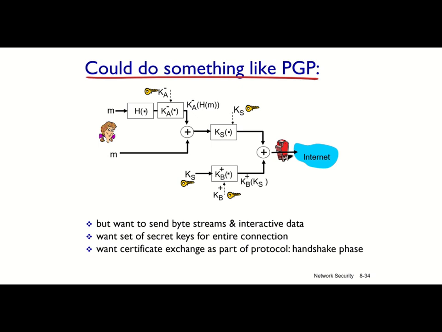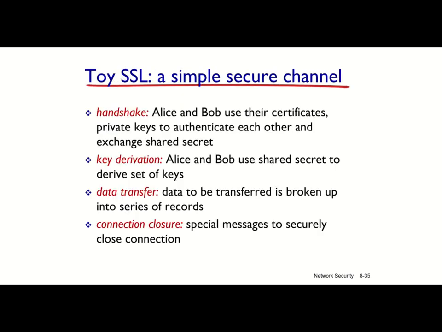So if you consider a simple secure channel like a simple SSL, a toy SSL, the first step of this protocol is the handshake phase, in which both sides, in this case Alice and Bob, use their certificates and private keys to authenticate each other and exchange a shared secret.